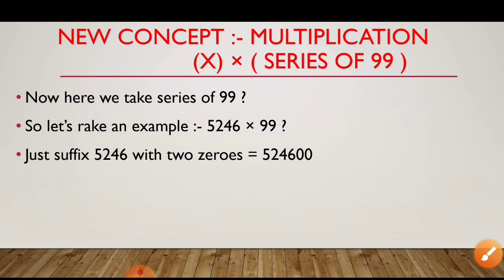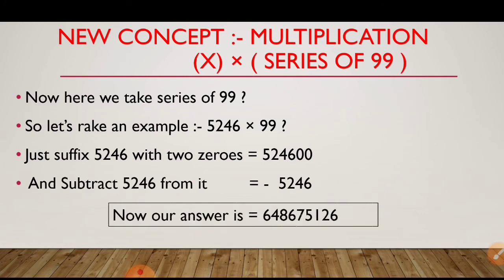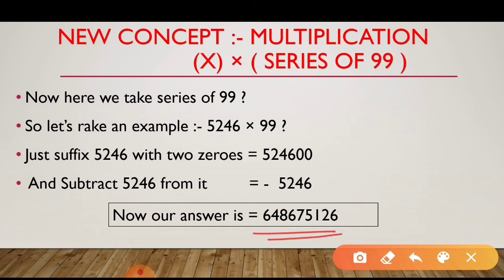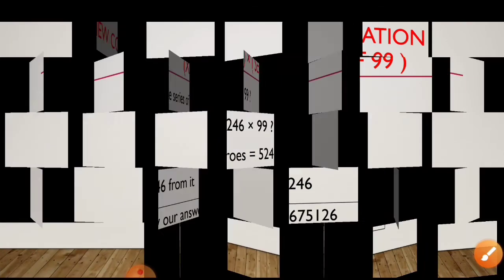Okay, so here we have to put 2 zeros. Now 5,24,600, and subtract 5,246 from it. Okay, now our answer is 5,19,354. This big number is the answer of this multiplication, 5,246 into 99.